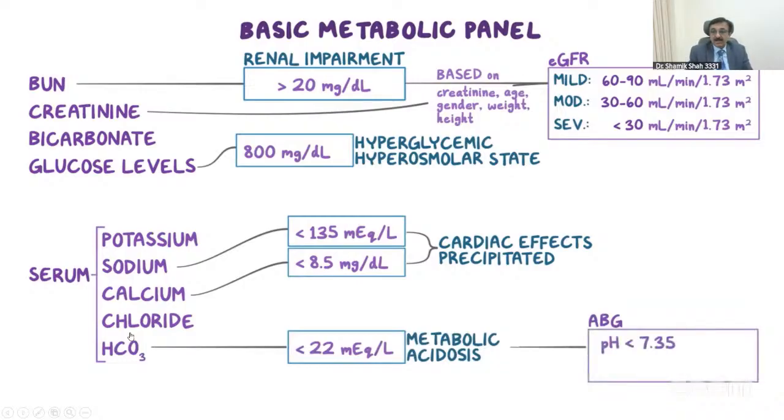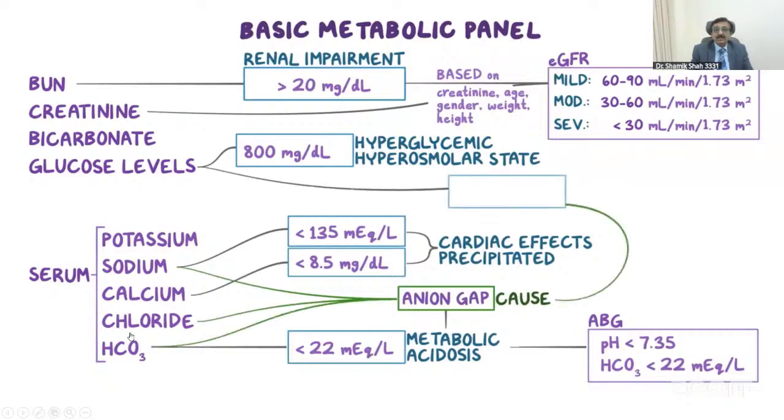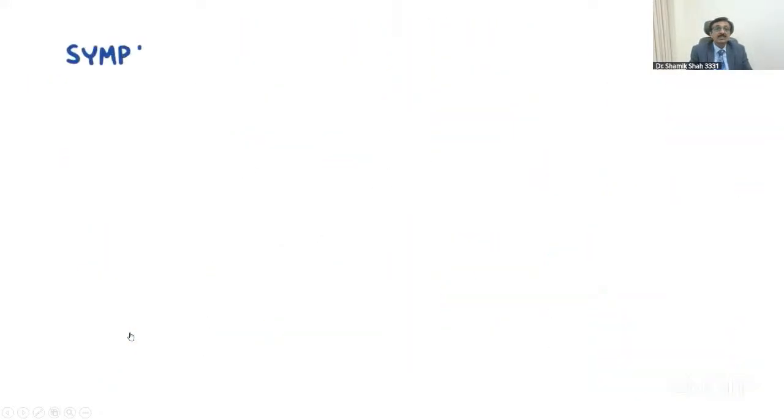And we confirm that by looking at the pH, which is below 7.35, and of course the bicarb will be less than 22 milliequivalents per liter. We calculate the anion gap to find the cause. And when a patient has diabetic ketoacidosis, then usually the sugar levels are above 350 milligrams per deciliter.